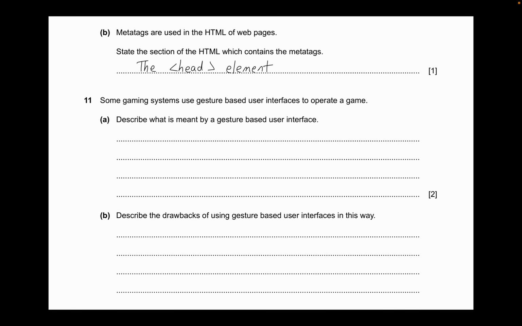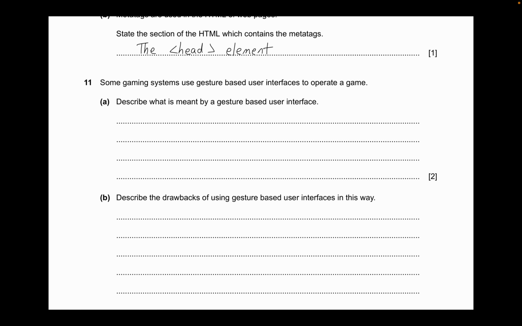Next question is that some gaming systems use gesture-based user interfaces to operate a game. Describe what is meant by gesture-based user interface. So, you just need to apply some critical thinking skills here. This is going to be where a person's human body interacts with a device, like playing on the iPad, or playing on the game, or playing with the computer, playing with the joystick in order to access some of those data. You can mention that for some games.